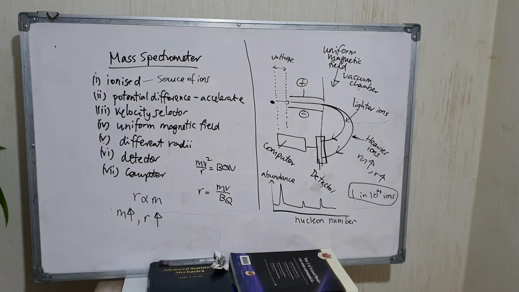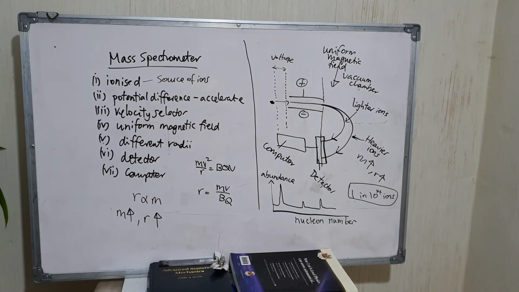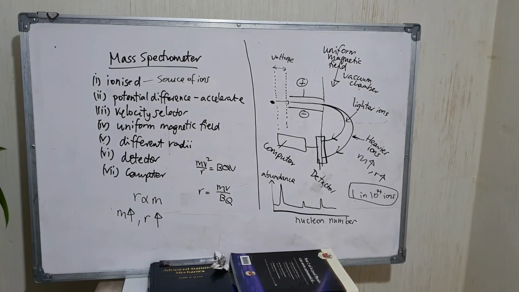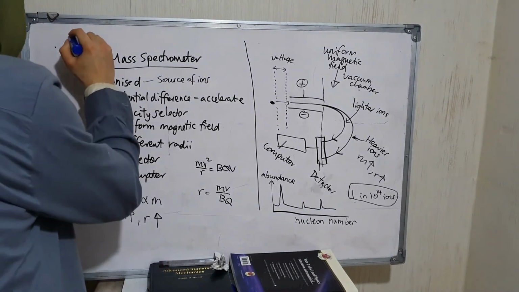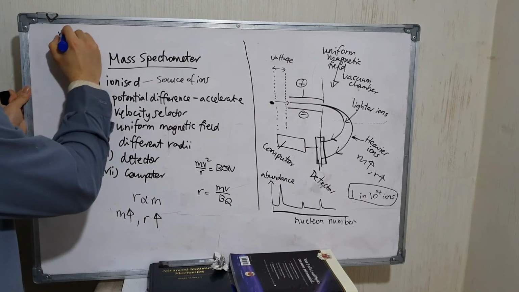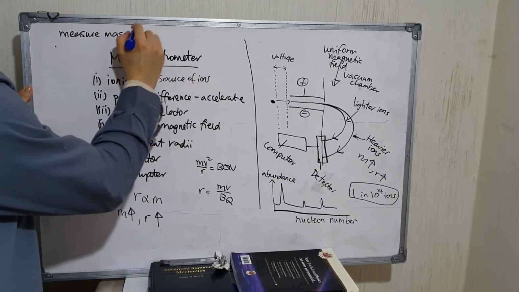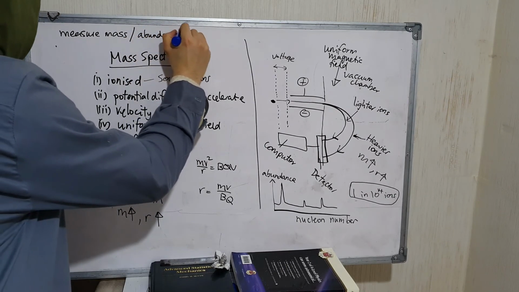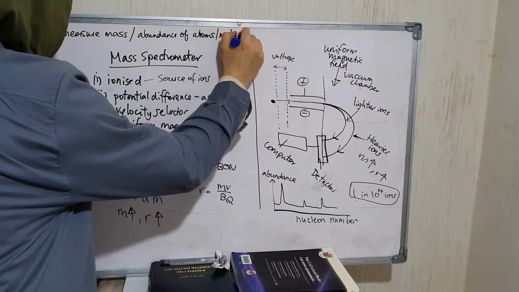We haven't covered why we use mass spectrometry. We can use it to measure the mass and the relative abundance of atoms and molecules.